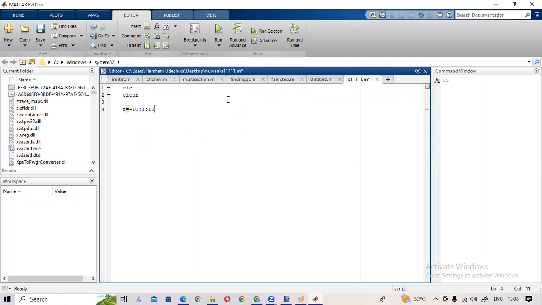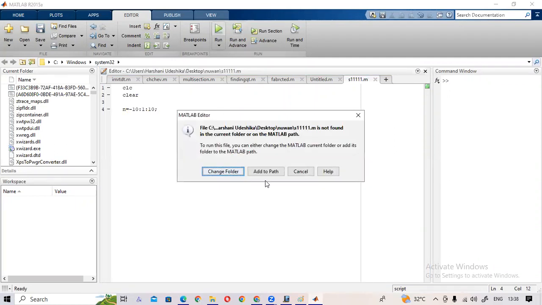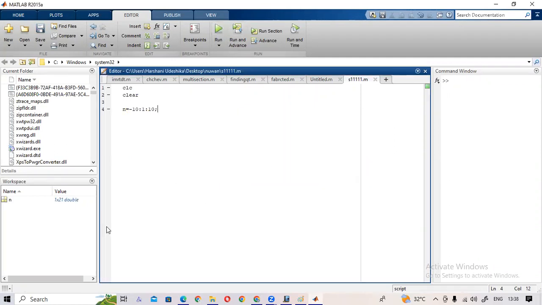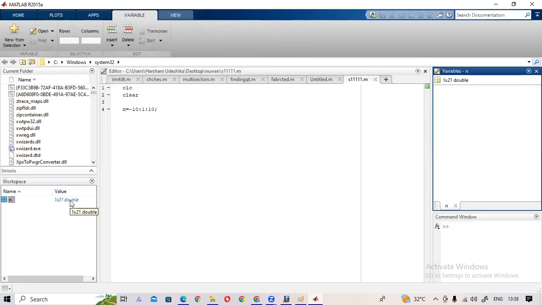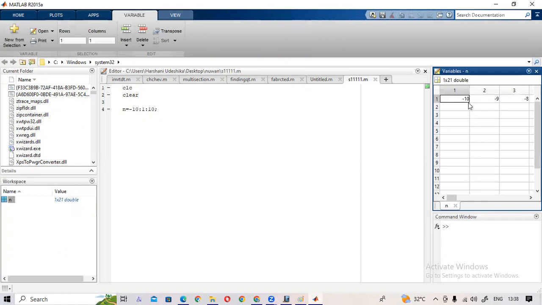So these are the n values. If you run this, you can get the n values here: -10, -9, likewise. So these are the n values, the independent variable values.